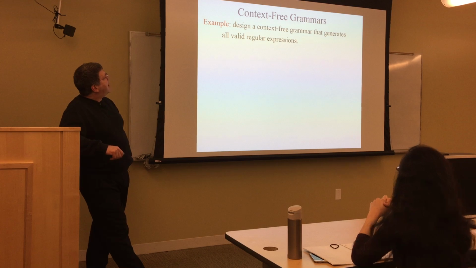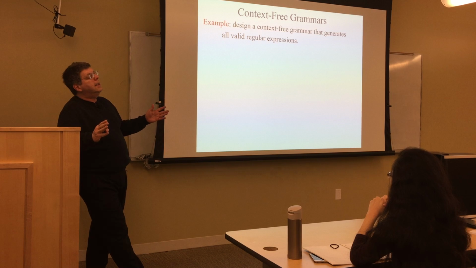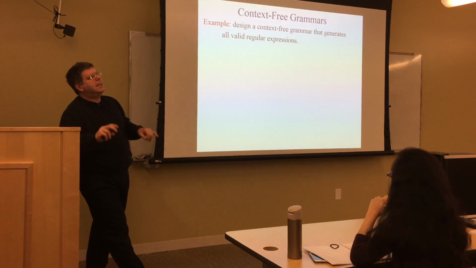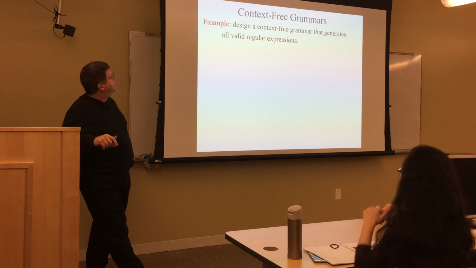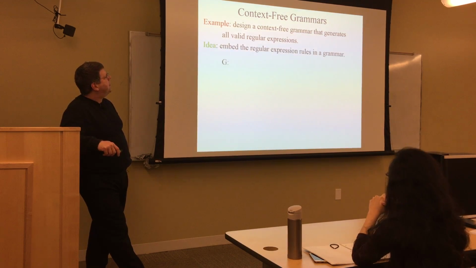All right, so design a grammar that generates all valid regular expressions. Now remember, a regular expression is a string with parentheses and pluses and stars and what have you. But how would you generate all valid regular expressions? Well, you'll have S goes into x_i for each symbol x_i in the alphabet sigma.